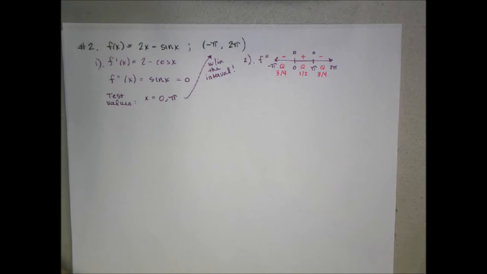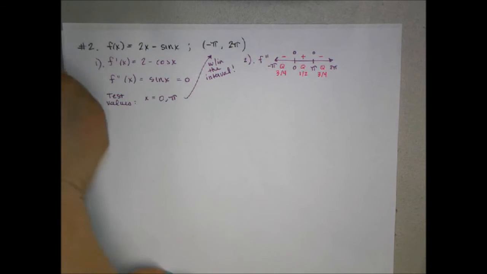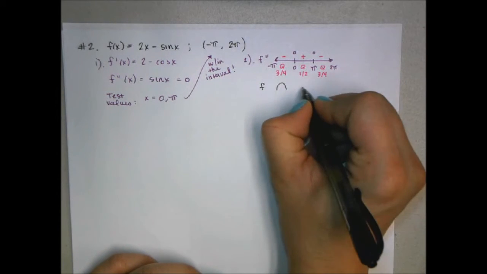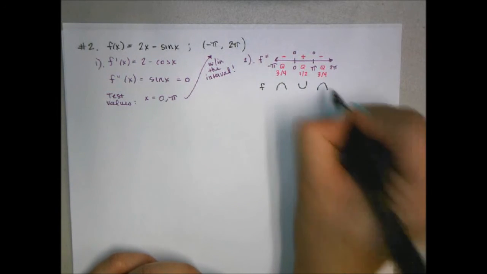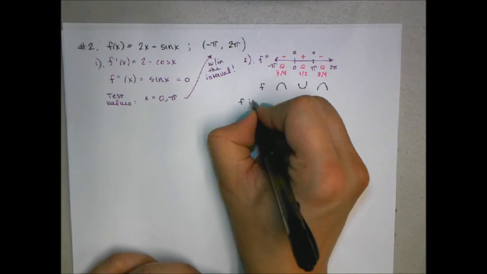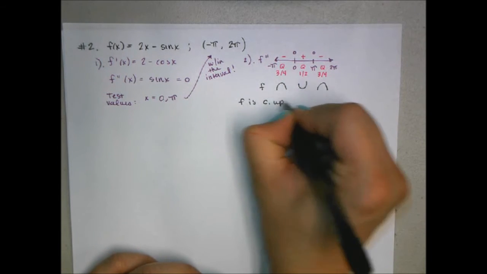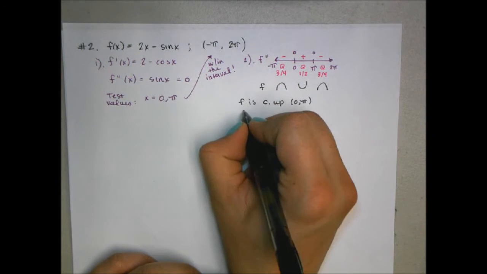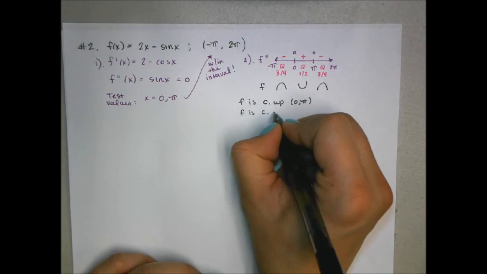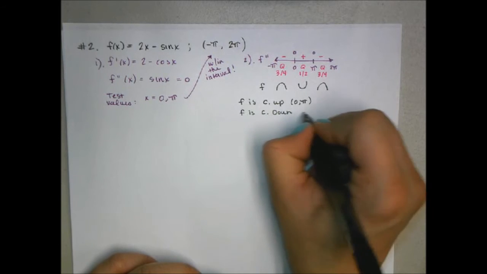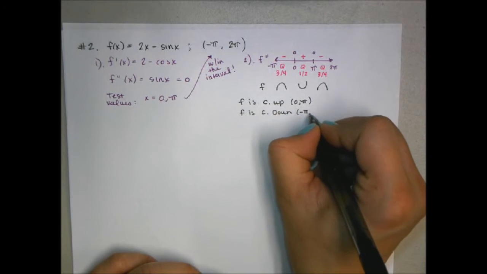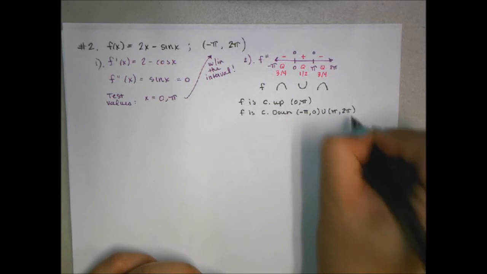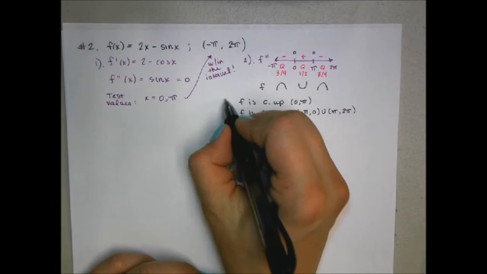We can interpret this for our function. We have f is concave down, concave up, and concave down. So concave up only from 0 to pi, concave down from negative pi to 0, and pi to 2 pi. Again, staying within the interval, so it's not all real values.